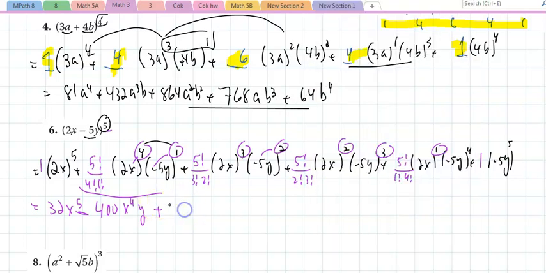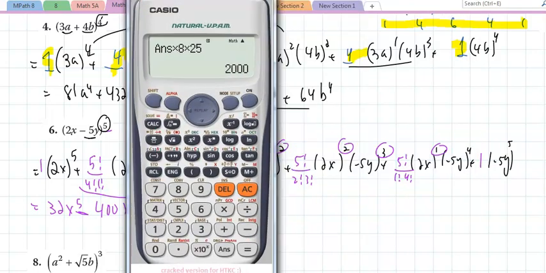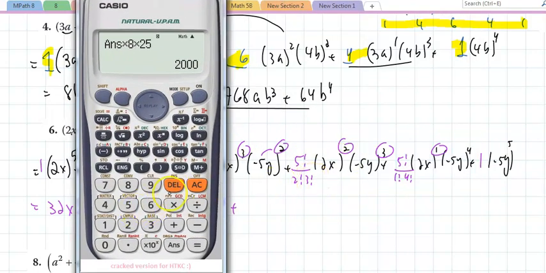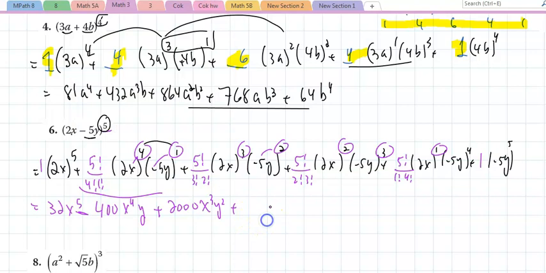And I'll get 2000 x cubed y squared, plus, now I'm getting to the next one, and that will be 5 choose 2 or 3 again, times 2 squared, which is a 4, times 5 raised to the 3rd power. That's 20,000 x squared y cubed.